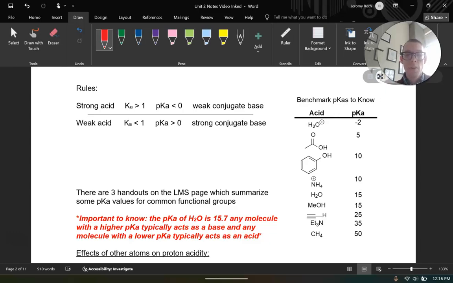Now, on our course page through our learning management system, I have a handful of handouts that give a bunch of pKa values for a bunch of different common functional groups or features within a molecule. That being said, you do not need to blindly memorize pKa's. There are going to be some that we'll mention all the time.